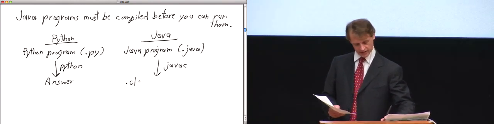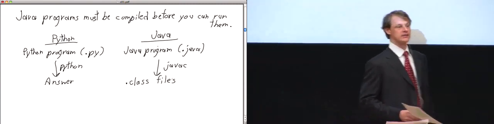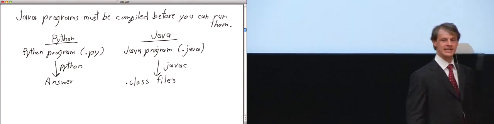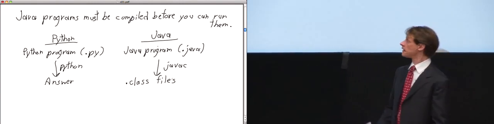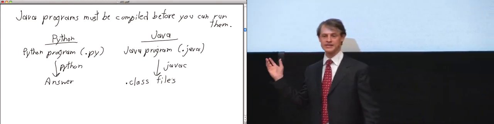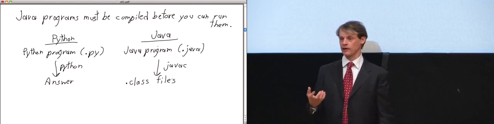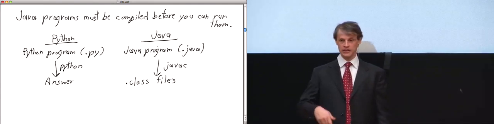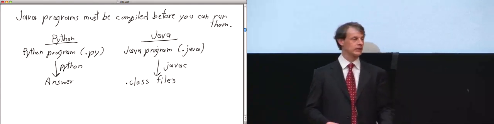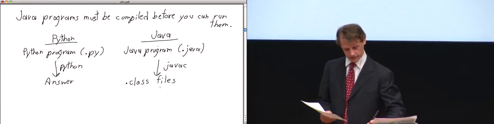And it's good to understand what actually happens: you compile these Java files, and the result is class files. The class files contain what's called bytecode, which is not quite machine language, but much lower level code than your original Java program, that the Java virtual machine can read and understand very quickly. And then that's what gets executed.